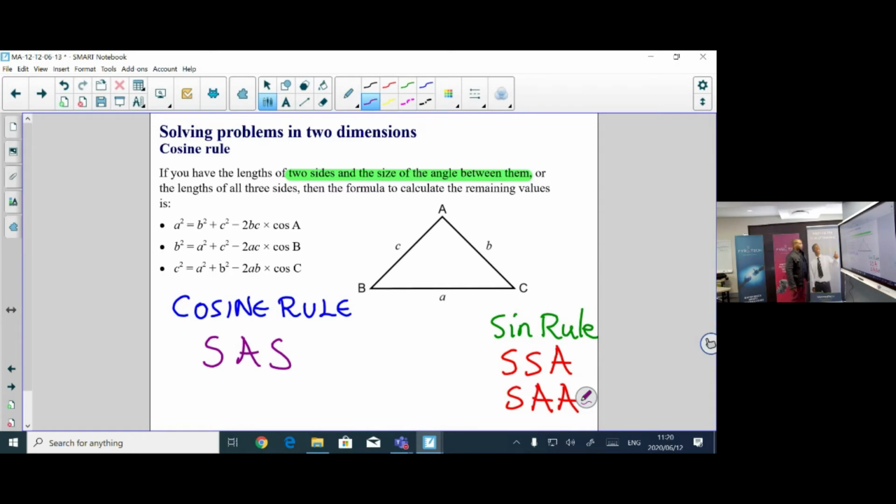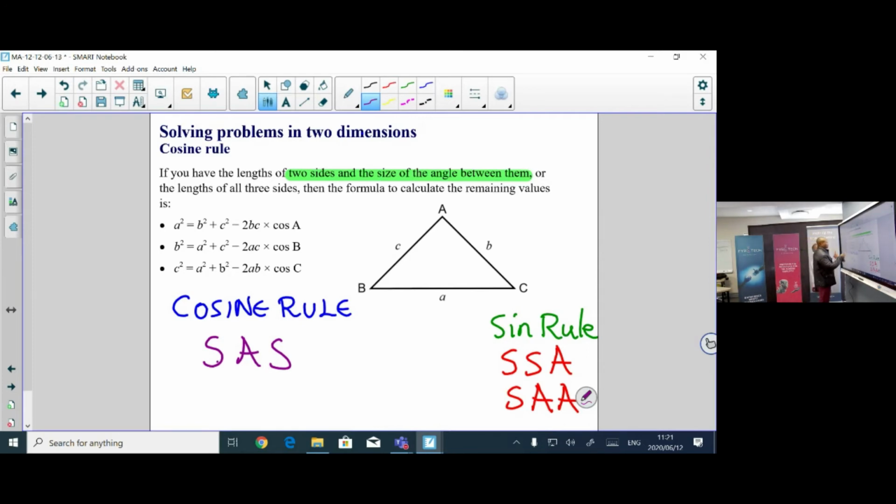Okay, so we must know the length of a side followed by an angle followed by a side, which means this angle will be the included angle. We did mention this when we are dealing with the area rule, which also requires that you use this side, angle, side. So the very same thing you are using as well for the cosine rule. You just make sure that in your triangle, you are given a side, followed by an angle, followed by a side.